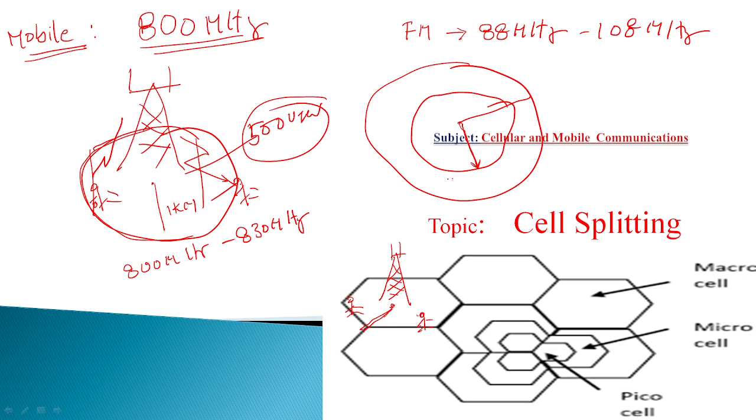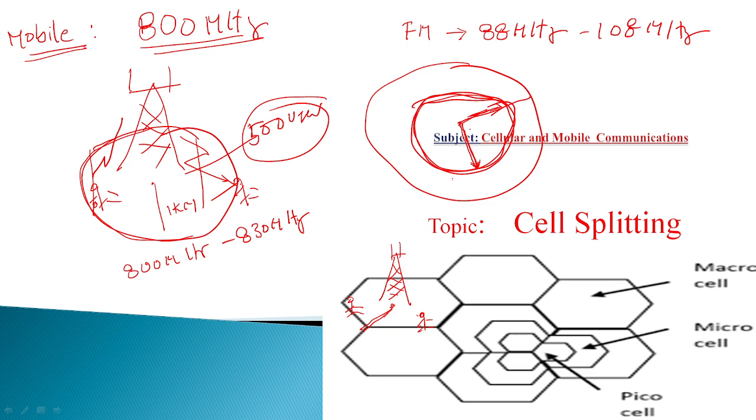The same frequency can be reused at a particular distance. With this reuse concept and splitting, we can increase the number of users, and we can also increase the signal strength.